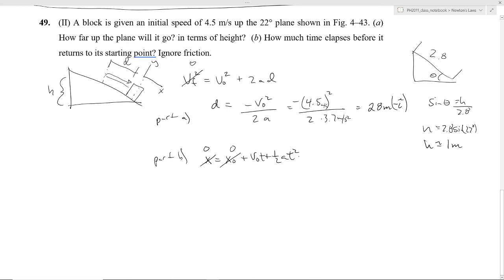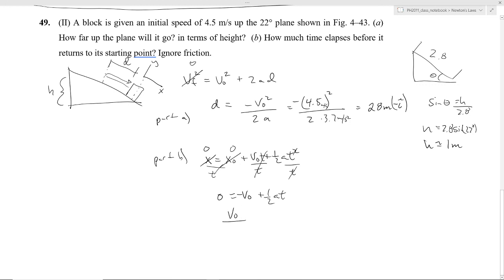So we could then solve this for the time. One solution would be time equals 0, but let's divide out a factor of t. So we have 0 equals v naught plus 1/2 at. And then we can solve this for t.